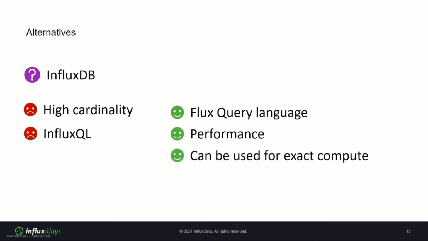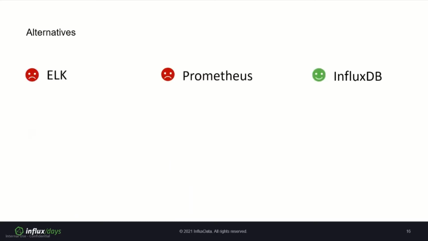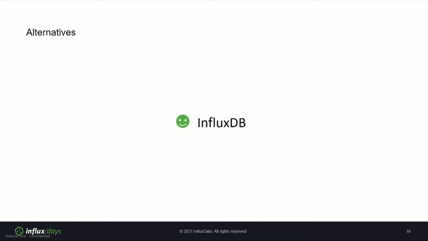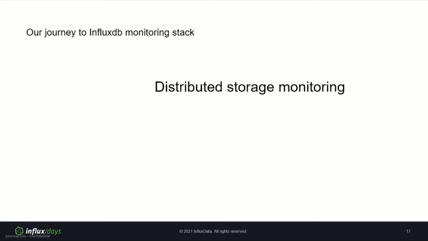We were able to successfully use the Flux language for exact computation, even for rare metrics, and InfluxDB also supported backfilling. Elasticsearch and Prometheus did not meet our needs, and we chose InfluxDB. As a result, for internal monitoring of our distributed storage, InfluxDB won the competition to be our new monitoring stack to which we will go forward.